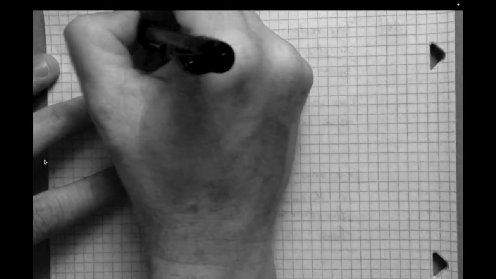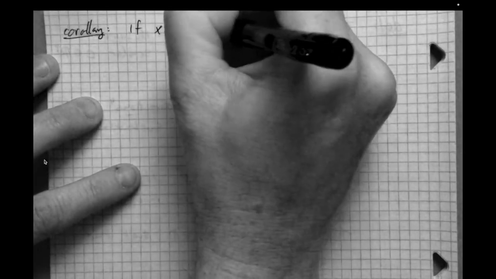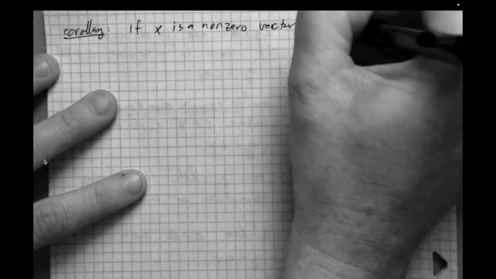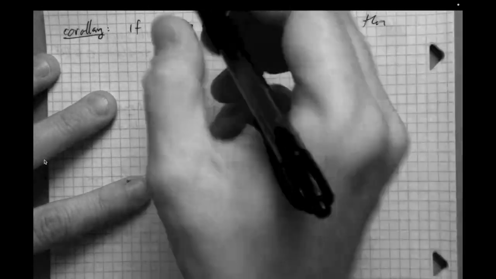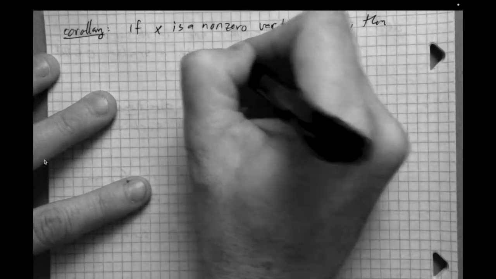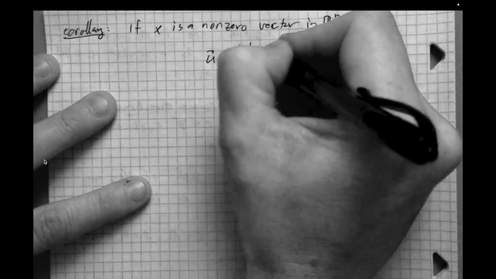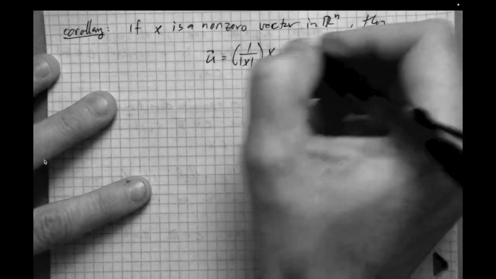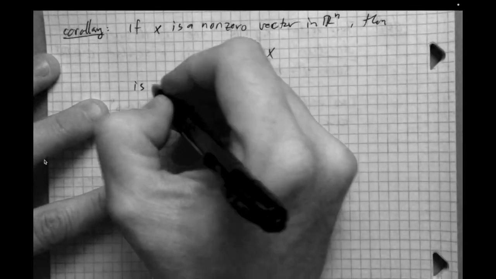If x is a non-zero vector in R^n, then u equal to 1 over the norm of x times x is a unit vector in the same direction.